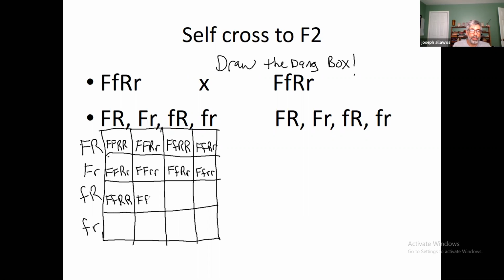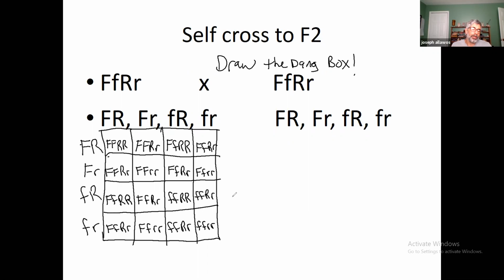Do something to make one look different from the other, and you'll be glad. So we'll keep going here. We're getting close. Big F, little f, big R, little r. Big F, little f, little r, little r, little f, little f, big R, little r. And then this last homozygous recessive one, right, down here in the corner.